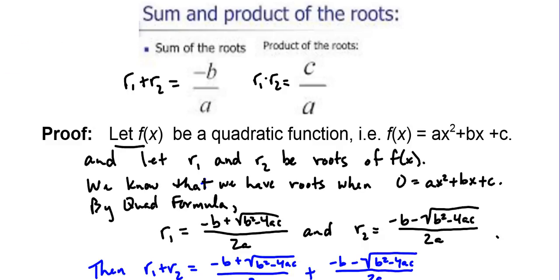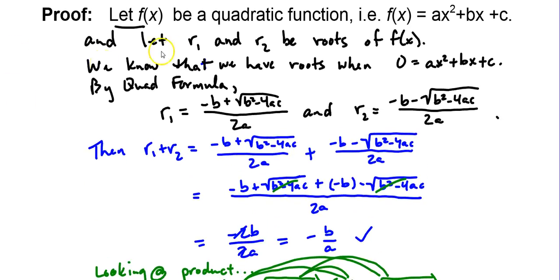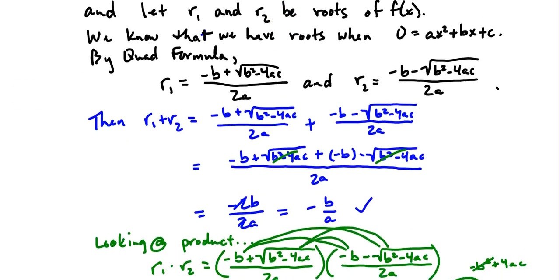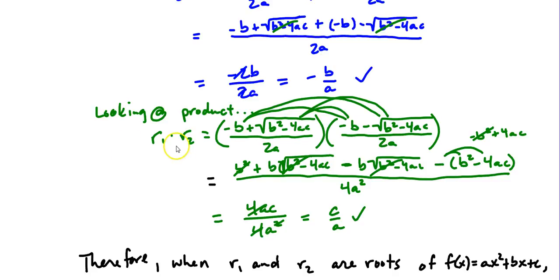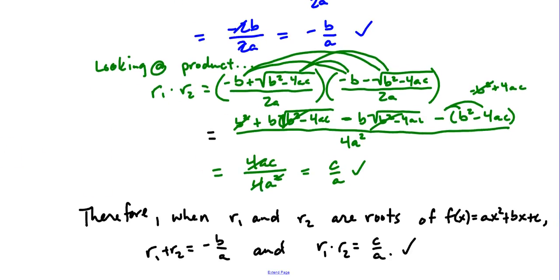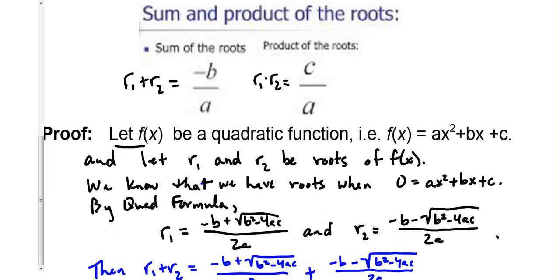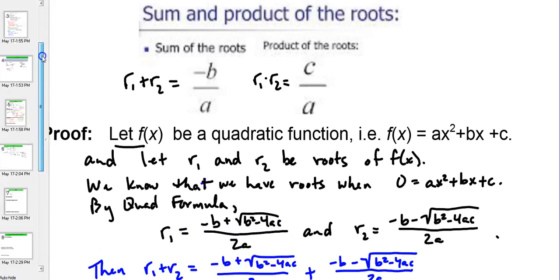In this proof, make sure you define what your roots are, and you start off with a quadratic function. So let f of x be quadratic, with roots r1 and r2. Then you go through and show, using the quadratic formula, that r1 plus r2 is negative b over a, and r1 times r2 is actually c over a, and then make sure you have a conclusion. I'll let you check out that separate video.